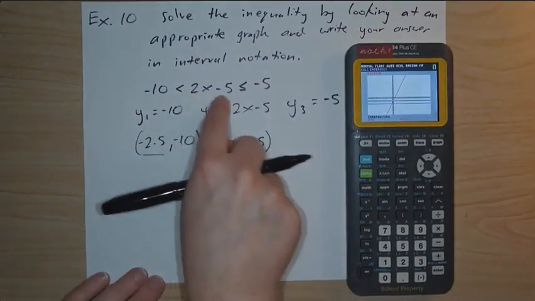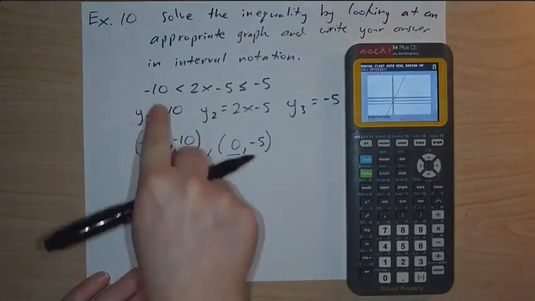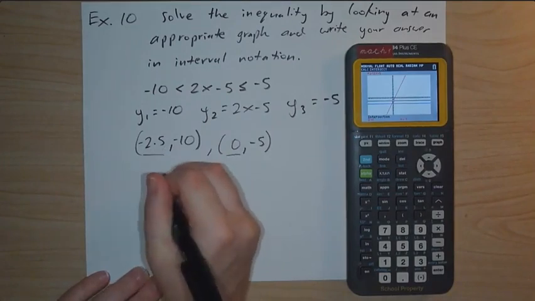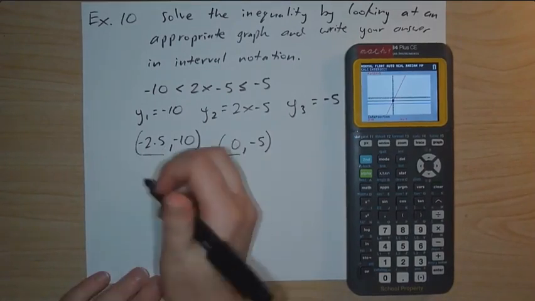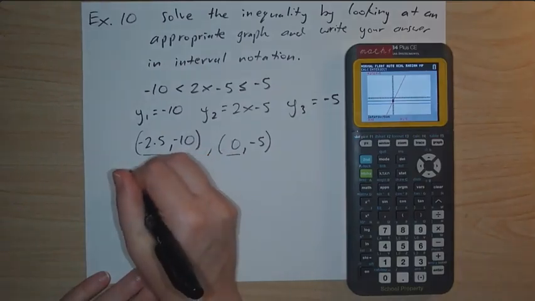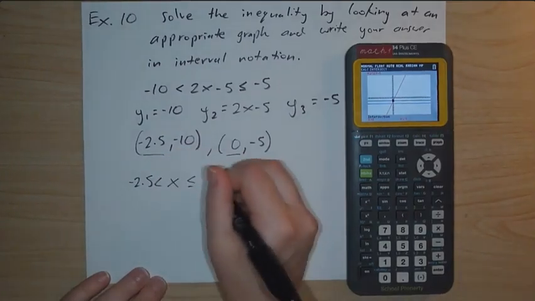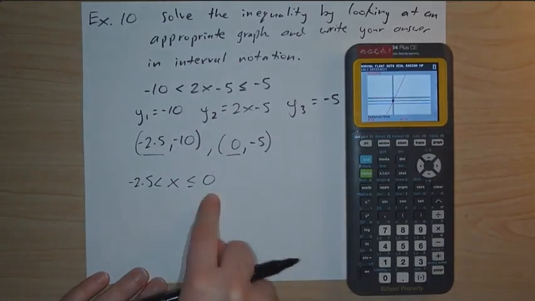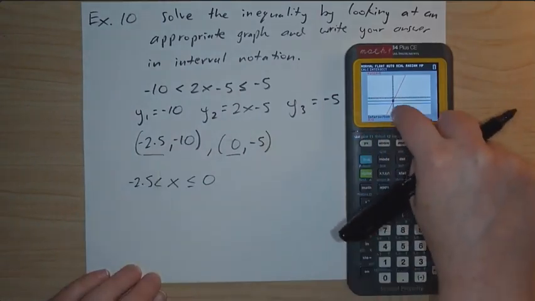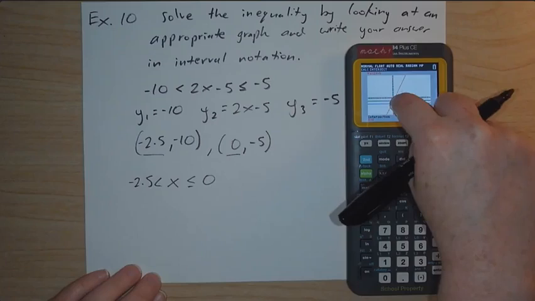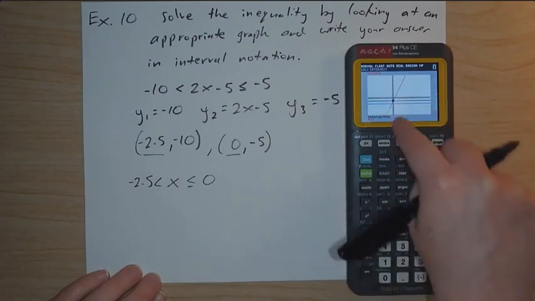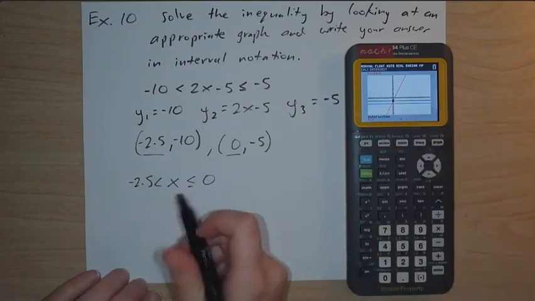That means that 2x minus 5 is between these two numbers when x is between negative 2.5 and 0. So you can actually notice when x is between negative 2.5 and 0, we have that little space in between where the red line is.